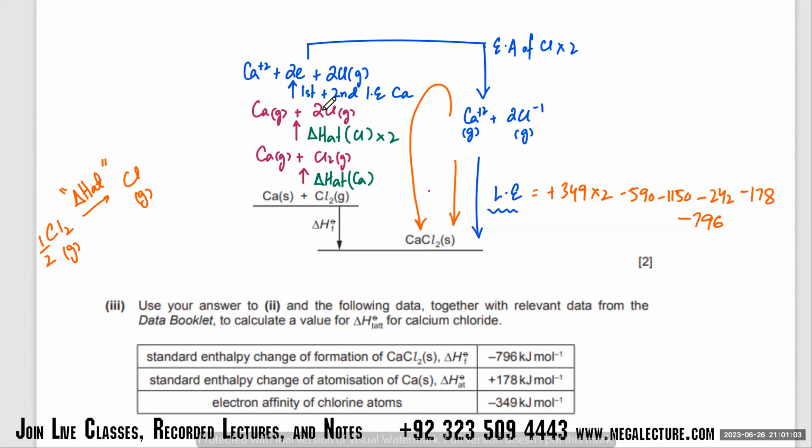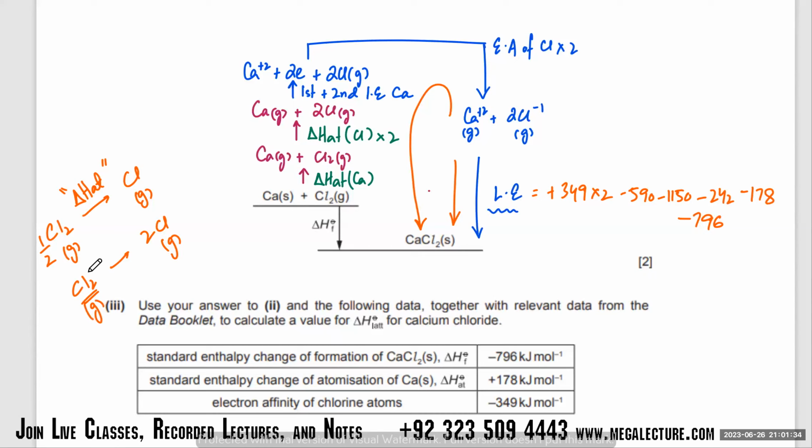You don't want to form 1 Cl atom, you want to form 2 Cl atoms, so you multiply it by 2. That will become the complete bond energy. Instead of forming 1 Cl gaseous atom, we're forming 2 Cl gaseous atoms. So that's breaking 1 mole of bonds.